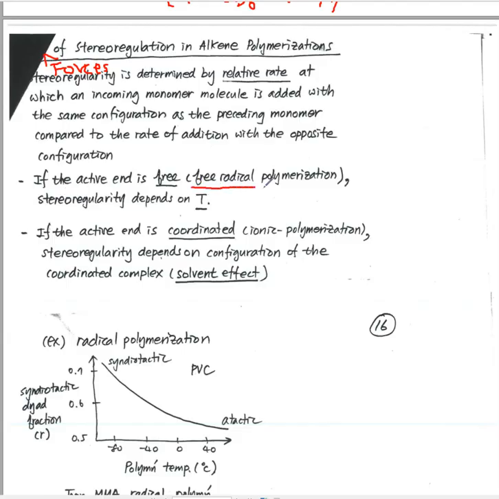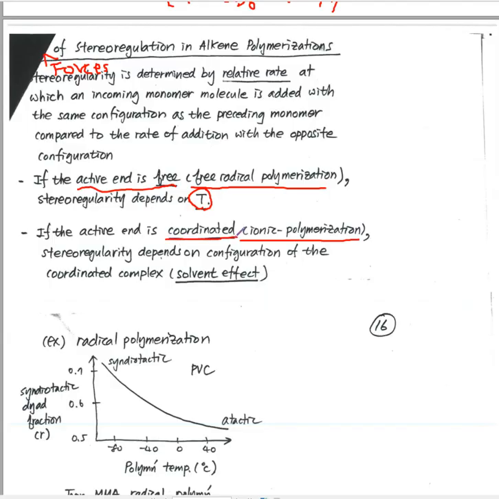In the case of free radical polymerization, it depends on temperature because the active end is basically a free radical. There is no counter ion, as there is in ionic polymerization. On the other hand, for ionic polymerization, there is a counter ion attached to the chain end, so it's kind of coordinated.